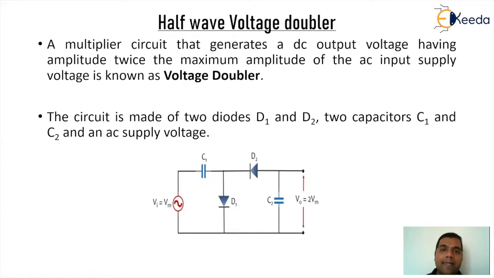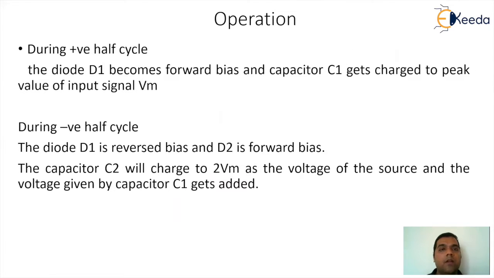Now, how that entire magic is happening? It is all happening with respect to the operation of diodes D1 and D2. In the positive half cycle, the diode D1 will be forward bias. And that's the reason the capacitor C1 will get a charge to the peak value of Vm.